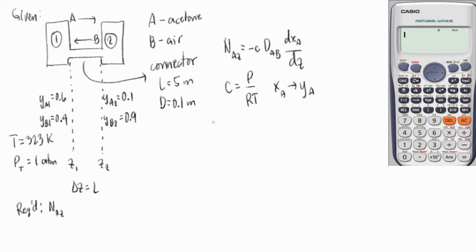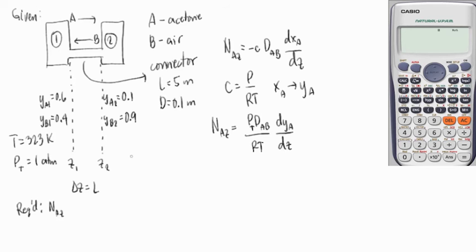Our new equation is now N_AZ is equal to P D_AB over RT times dY_A over dZ. Our P here is P_T, or the total pressure of the system. We simply substitute the given in this derived equation. However, we don't have yet a value of the D_AB, or the diffusivity of the system.